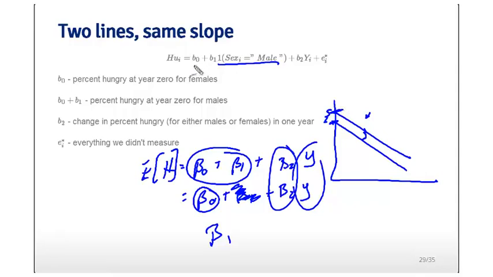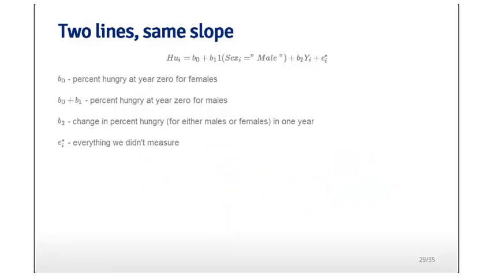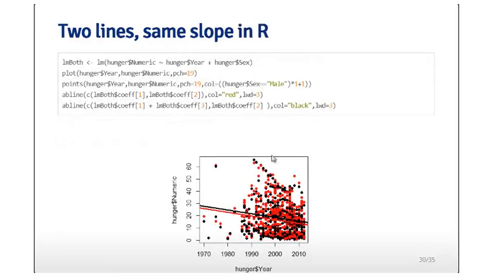You've included an intercept term, you've included an indicator term for gender. You could also just include gender as a factor variable, of course, given our discussion earlier, and you've included year. The result of that is two lines, one with an intercept for males and one with an intercept for females, but sharing the same slope. Here's how we do it. We've put in sex here. It treats it as a factor variable.